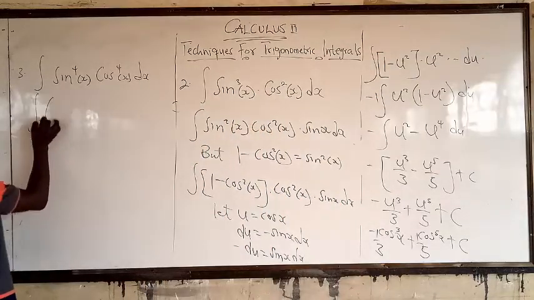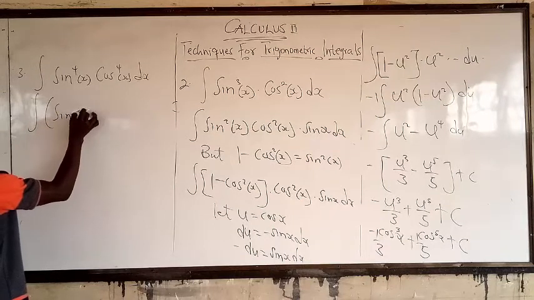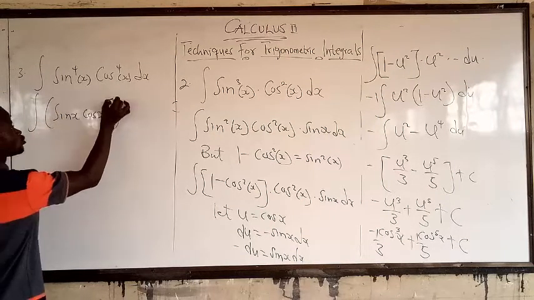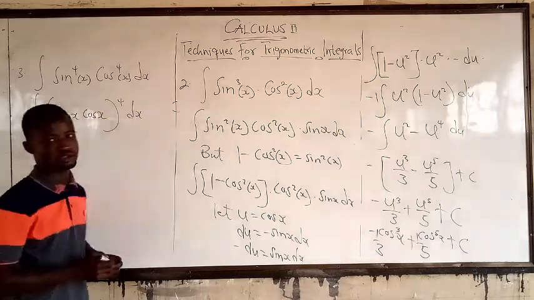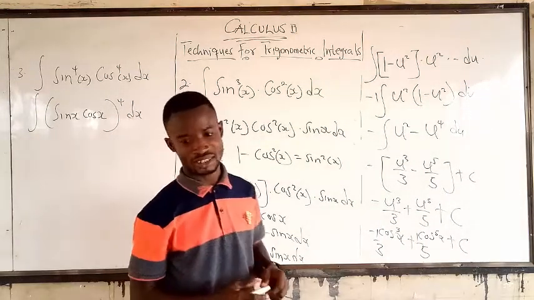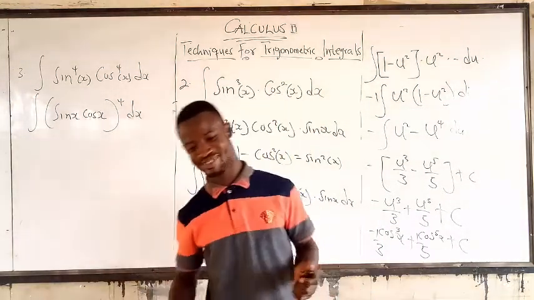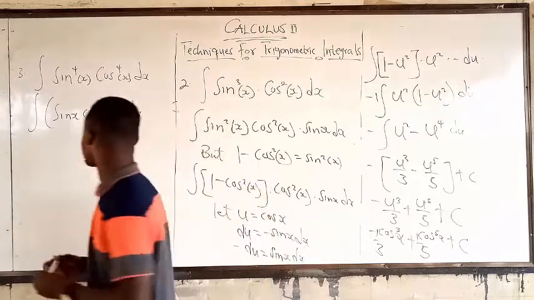Here, we can see that this is the same as the integral of sin x cos x to the power 4 dx. True or false? You can't tell me it's false. It's true. Alright.